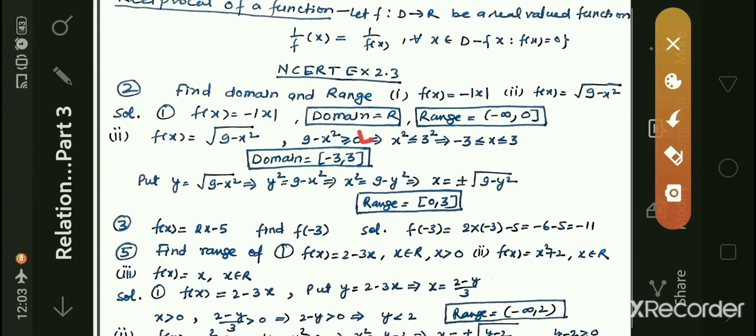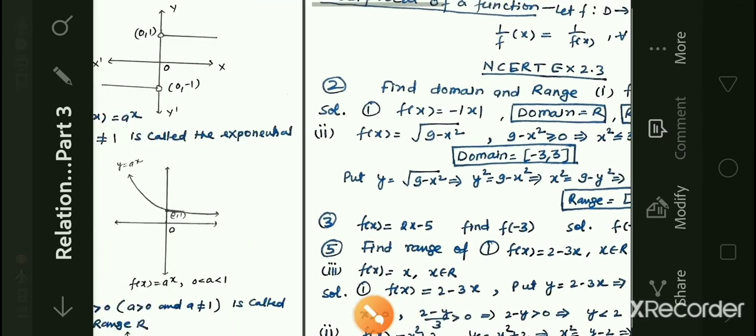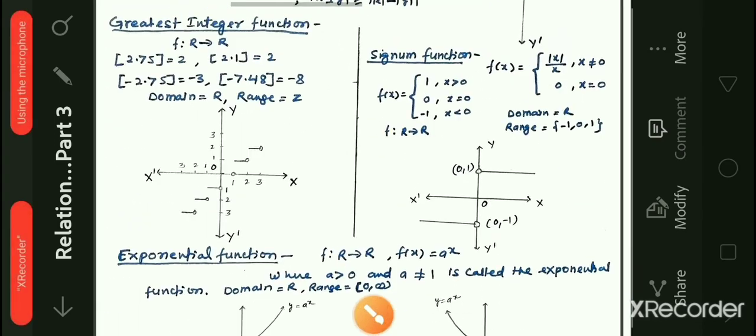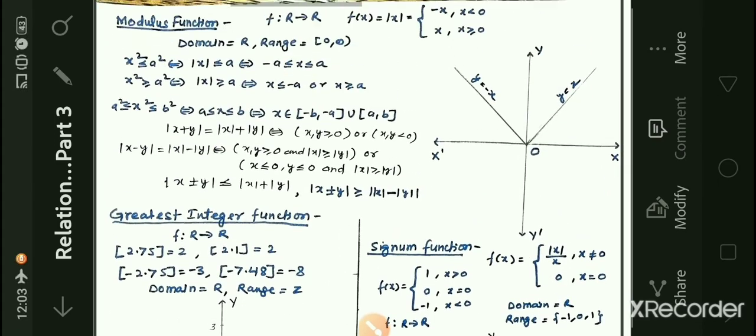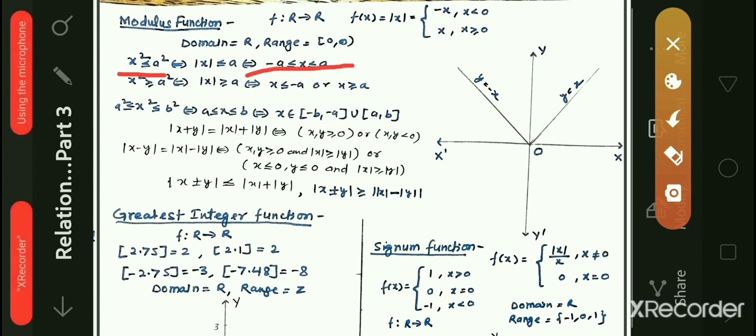After transposing, we get x² ≤ 3². As I told, in the case of the modulus function there is a property: if x² ≤ a², then -a ≤ x ≤ a.